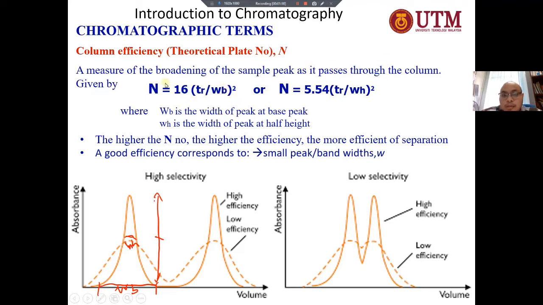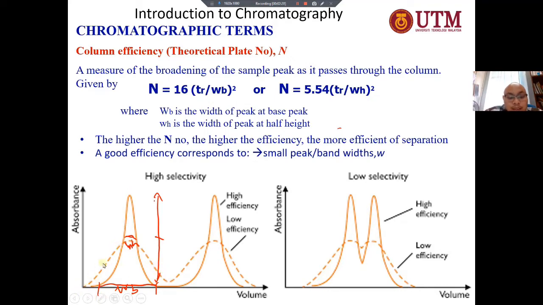Use the other formula. The higher the N number, the higher the efficiency, the more efficient the separation. A good efficiency corresponds to a small peak or band width. The smaller the width, the better it is. If you look here, we have the chromatogram with the smooth line and also with the dotted line.